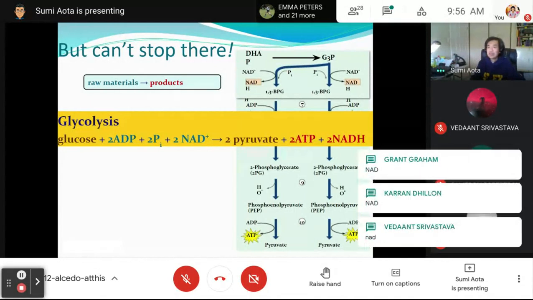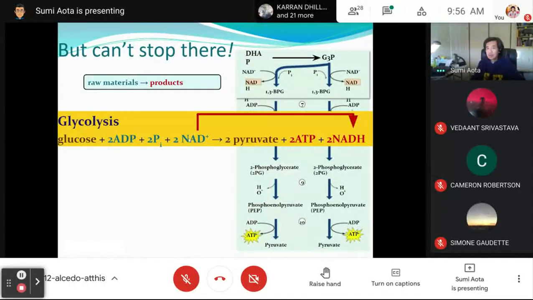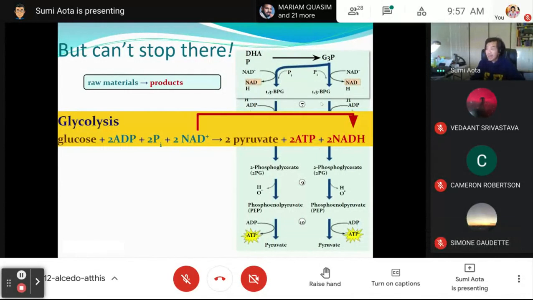The NAD, right? Because eventually, the NAD plus goes to NADH. Once all the NAD plus has been converted to NADH, what's going to happen to G3P? What's going to happen basically to step 7? It has to stop. There's no more NAD plus.